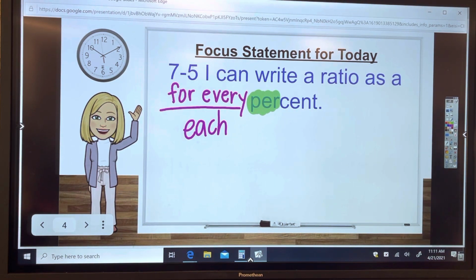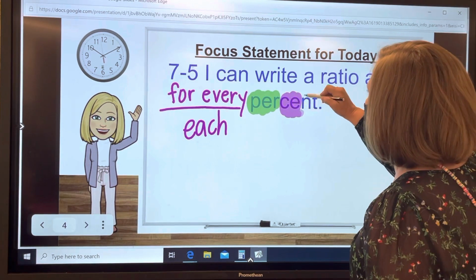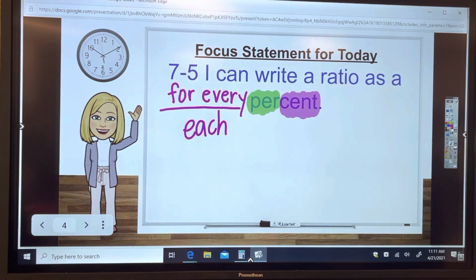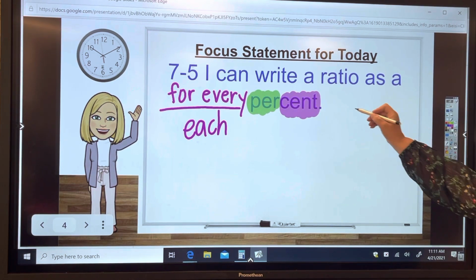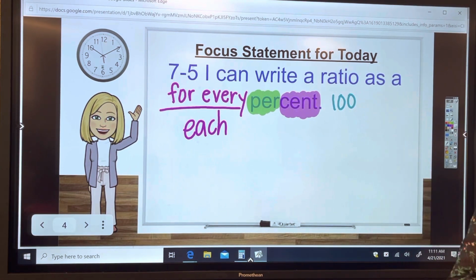Now, what does cent mean? And I'm not talking about S-C-E-N-T. I'm talking about C-E-N-T. That means like one thousand? No, 100. Okay, this is how I want you to think about this.